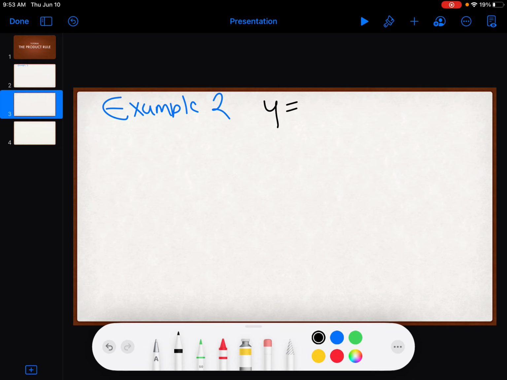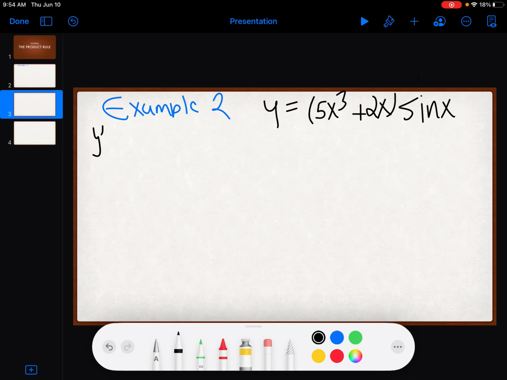We got y is equal to 5x cubed plus 2x, in brackets, times sine x. So we want to find y prime. We want to find its derivative.